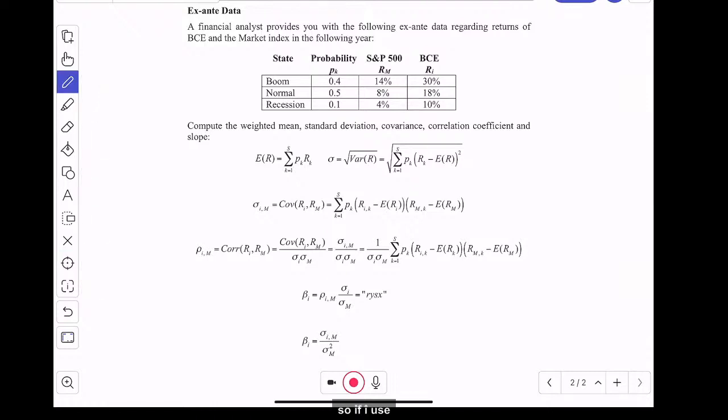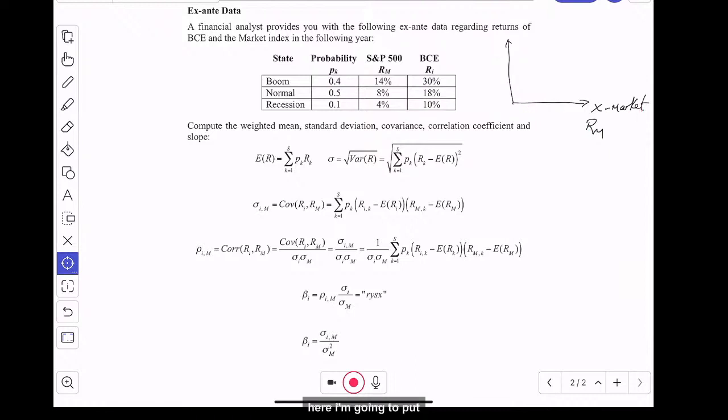So if I continue with the convention of putting the variable here for the market, I'm going to end up calling that now M as opposed to X. So this is RM, the market returns.